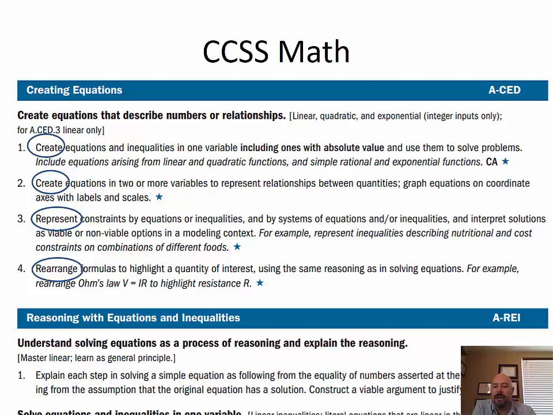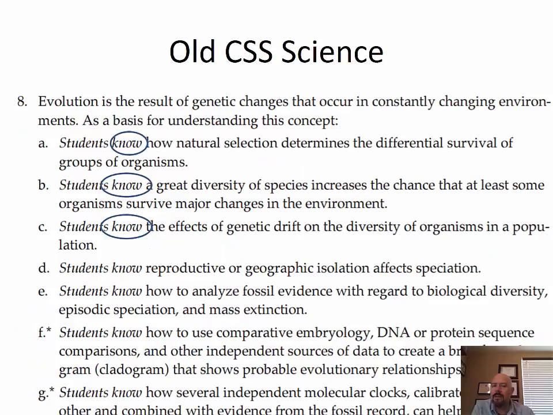When we think about Bloom's taxonomy, we can see that these standards are asking for quite a bit more, and the instructional approach is going to have to be different. Through previous standards, you could do more drill and kill and get away with that in terms of meeting those standards. With these new standards, a much deeper level of thinking and doing on the part of the kids is going to be required.